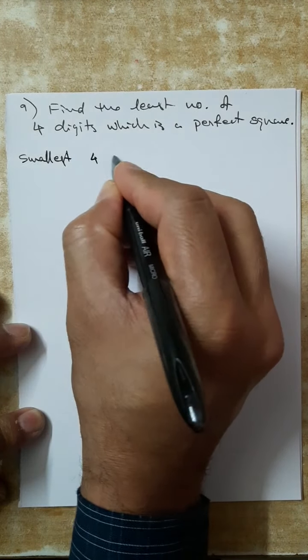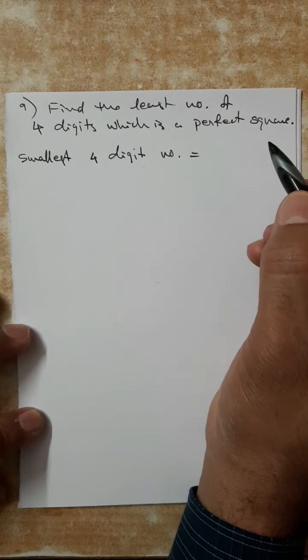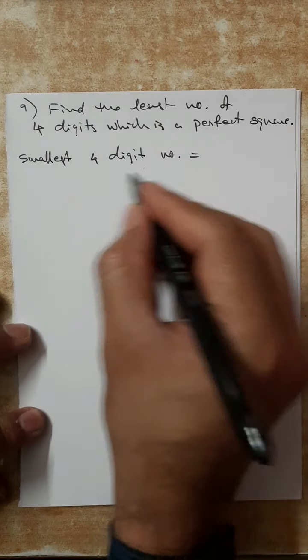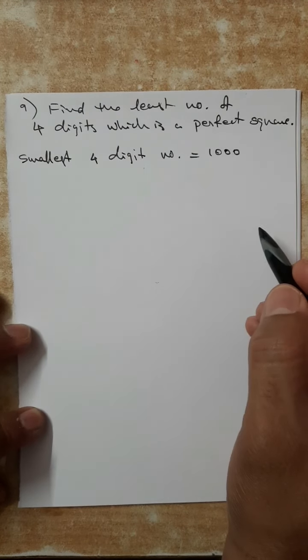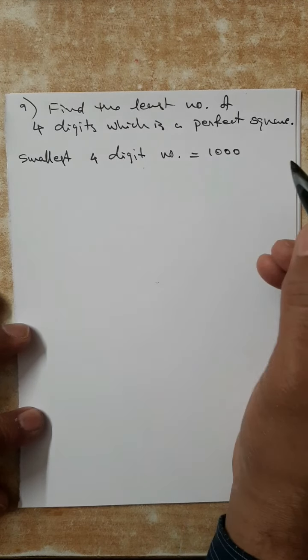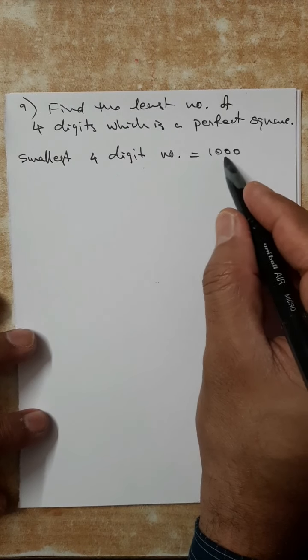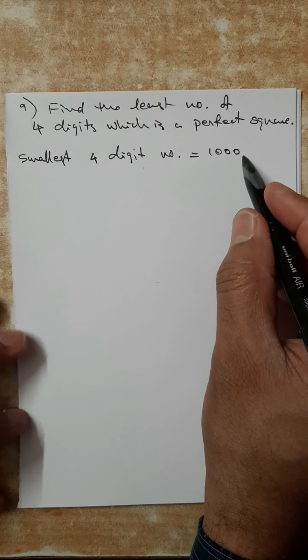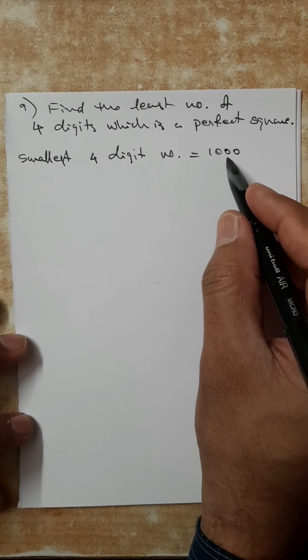What is the smallest 4 digit number? The smallest 4 digit number, we know, is 1000, total 4 digits. If the question is biggest, we will say 9999, the biggest 4 digit number. Smallest is 1000. Ending with 000, it is not a perfect square.